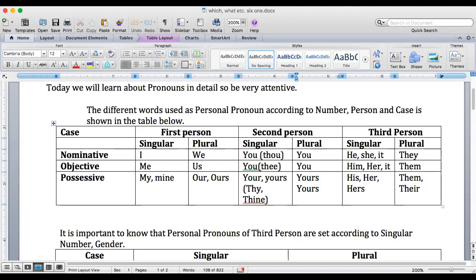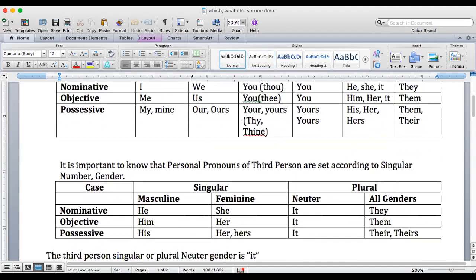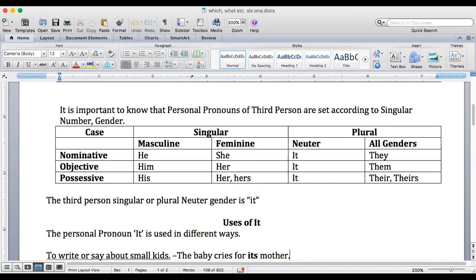Did you understand? We have been speaking like this and we know it, but still we need to know about this. Now again, the personal pronouns of the third person are set according to singular number or gender. Gender means whether it is masculine or feminine.